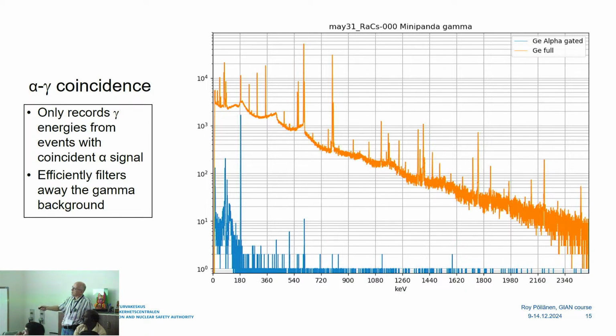So here we record gammas only when they come to the detector at the same time as alphas go to the alpha detector. Again, practically no background. So we can easily see the low energy peak. The method efficiently filters away the gamma background.